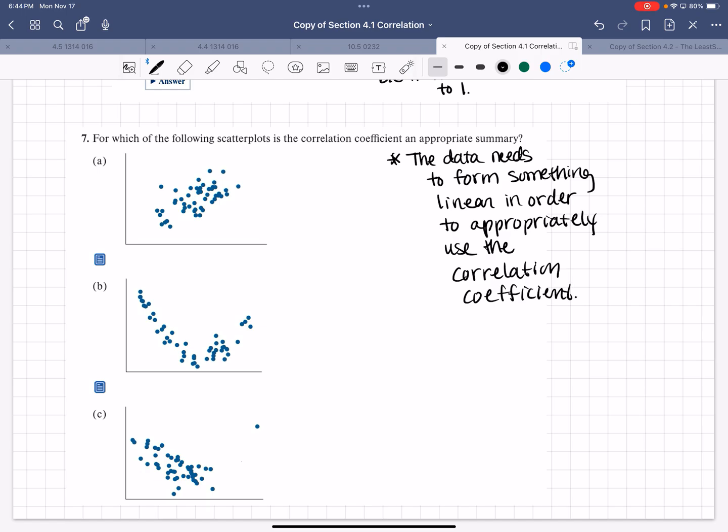Okay? So, we know that B is going to be out, right? So B's out because it's not linear, okay?